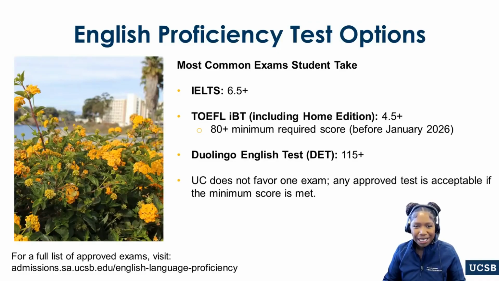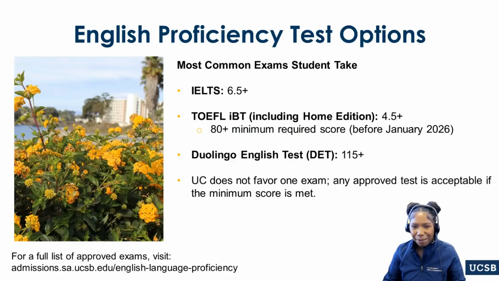For the TOEFL iBT, including the Home Edition, the minimum required score is 4.5, and 80 for exams taken before January 2026. For the Duolingo English Test, the minimum required score is 115. UC does not favor one exam over another. Any approved test is acceptable as long as the minimum score requirement is met.